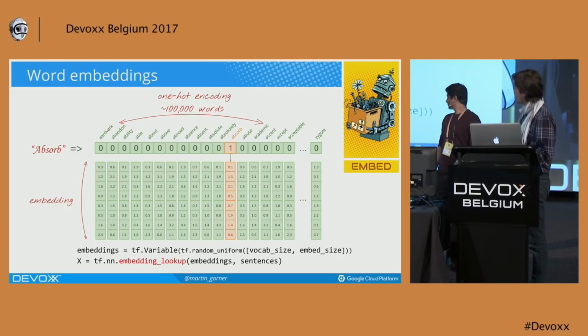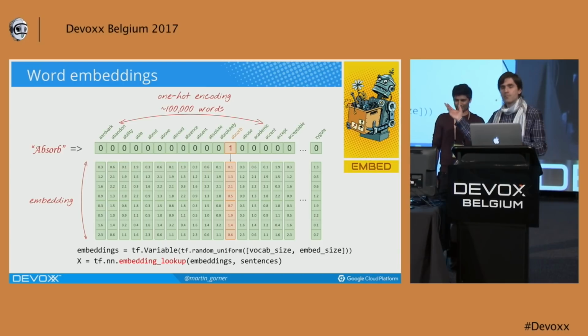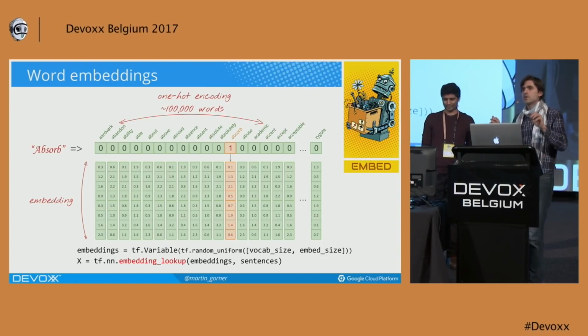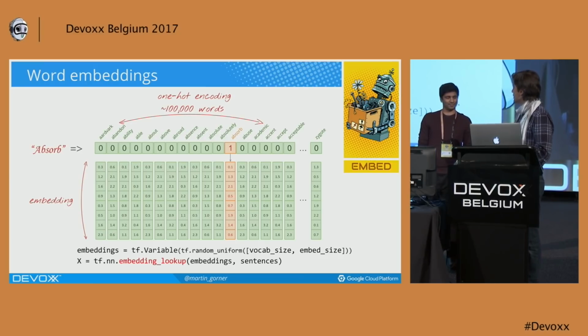Here you see the TensorFlow code for embeddings. So we created this embedding matrix as a variable, which in TensorFlow has a very specific meaning, and it means something that will be trained. And we use it using the embedding lookup function. We give it a word index, and it gives us this vector of embeddings for this word.